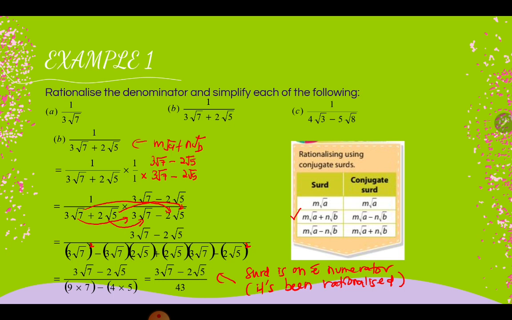Rationalize means that we need to change the answer in which in the beginning the surd is at the denominator, but after we rationalize the fraction, we will have the surd in the numerator. Okay. Next, let's look at C.